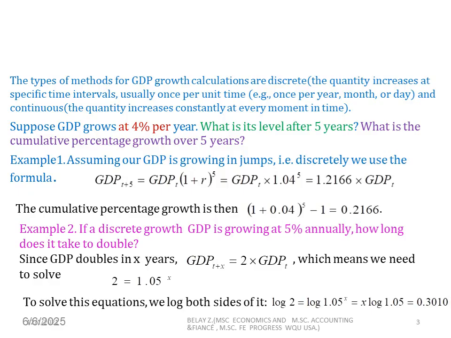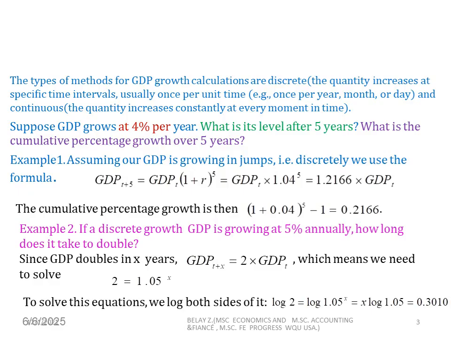Example 2: if GDP is growing discretely at 5% annually, how long does it take to double itself? How long does it take to double GDP? Since GDP doubles in X years, which we don't know, we take the variable X. Then GDP at time t plus X is equal to 2 times, that is double, GDP at time t, which means we need to solve 2 is equal to 1.05 to the power of x.